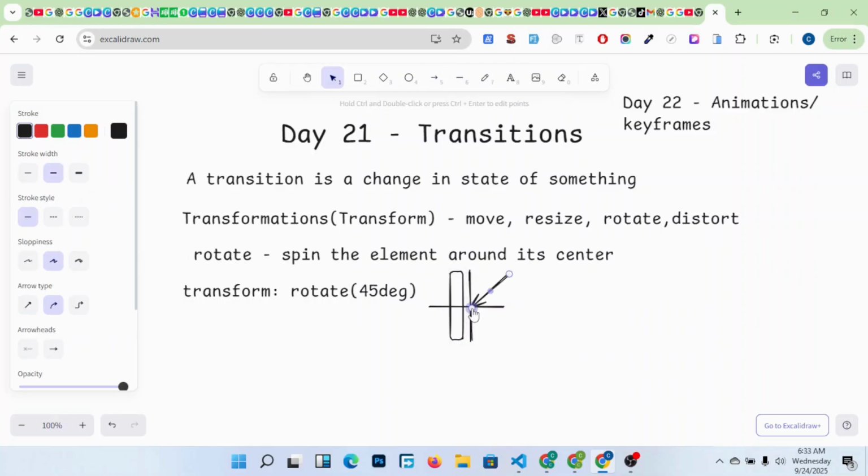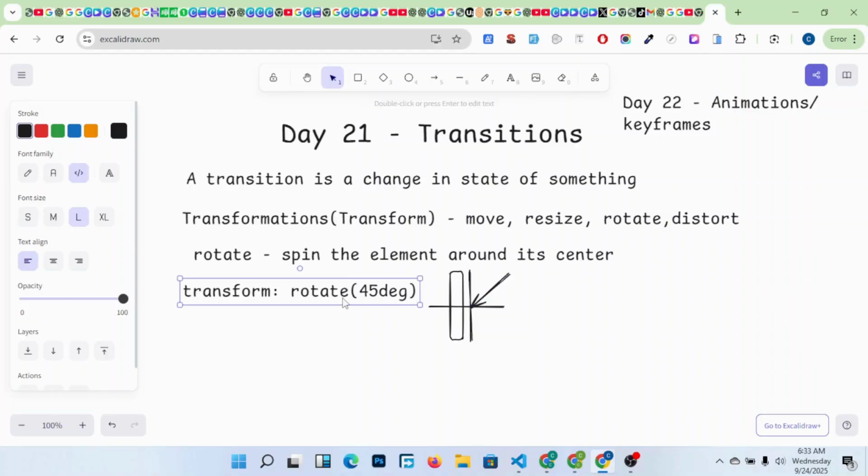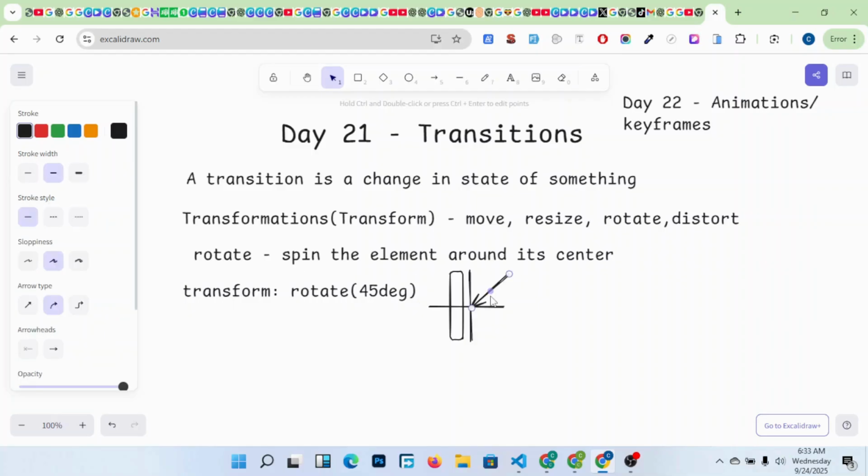You see? 45 degrees. Okay? That's what transform rotate means. It spins the element around its center, spinning around its center to reach this 45 degrees.